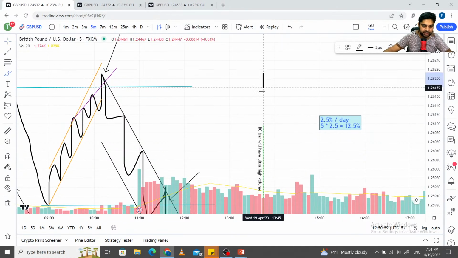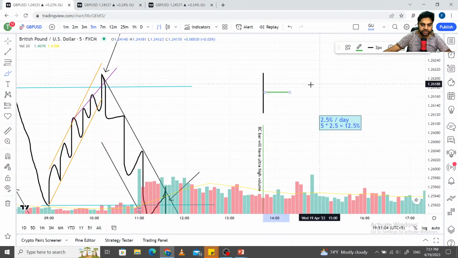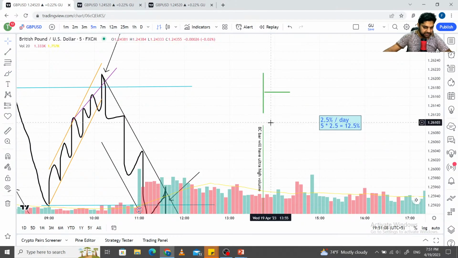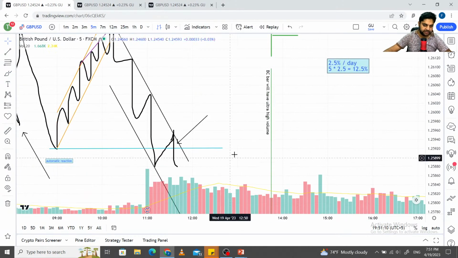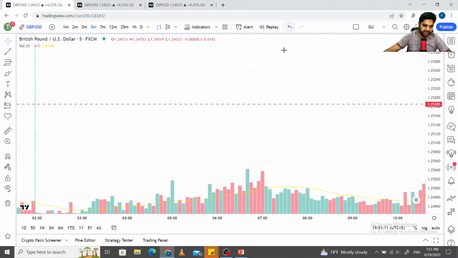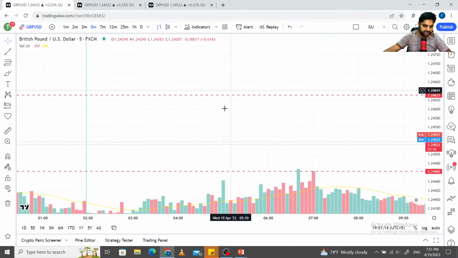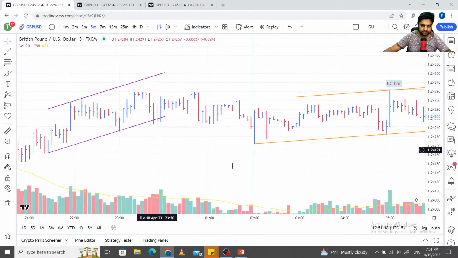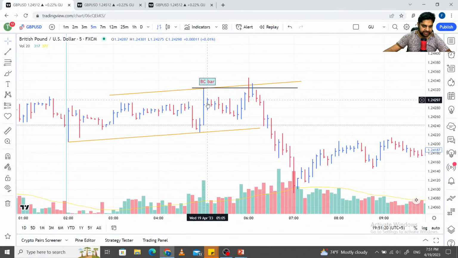It will be a bar like this, a mid closing bar. So we have a BC bar situation right over here. You can call this a buying climax.